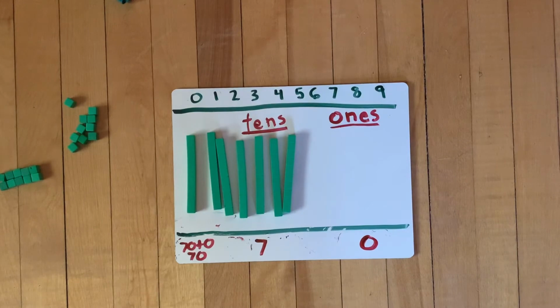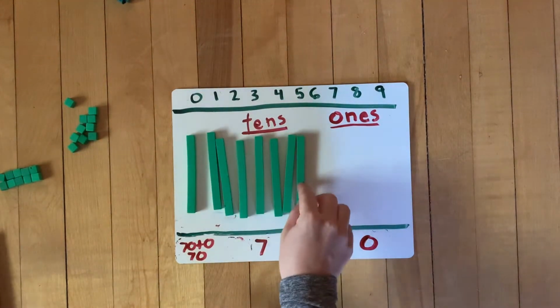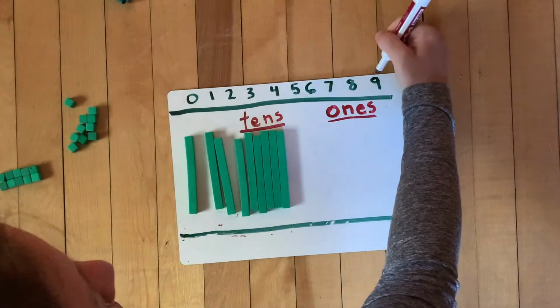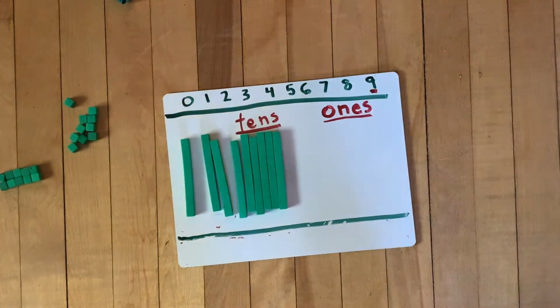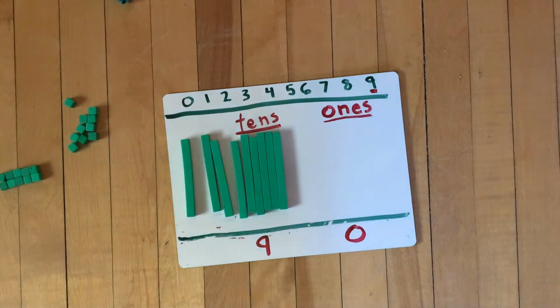Let's keep going. 70, 80, 90. You may have noticed that again, we're at this 9. That means that we are going to need to regroup, but we haven't regrouped in this way yet in class.